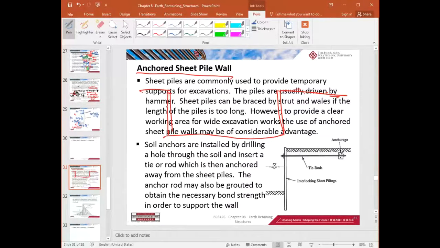Now, if you are going to install the bracing, that's tedious, right? Say your site is 100 meters. How can you transfer these forces over 100 meters in compression? Now, that's tedious, right? So why not use this system?